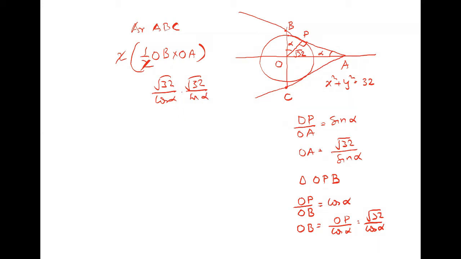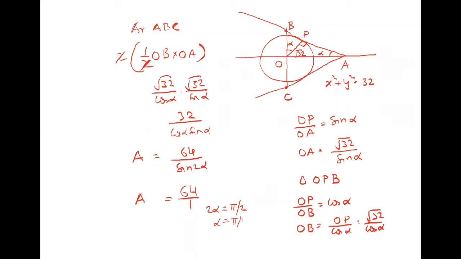So what we get? 32 by cos alpha sin alpha, which is 64 by sin 2 alpha. When sin 2 alpha is maximum, you get the minimum area. Sin 2 alpha maximum means 1, when 2 alpha equal to pi by 2, so alpha is equal to pi by 4.